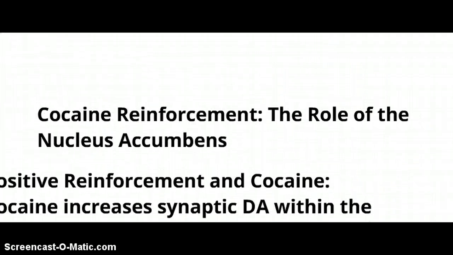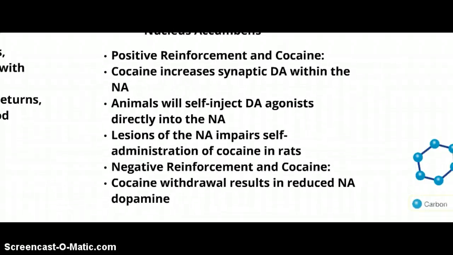So we talked about the nucleus accumbens and the reinforcement model of cocaine. So if you look at reinforcement in the brain, well, one, cocaine is directly affecting the central reward pathways. So I mean, that is as strong of a reinforcer as you can get.